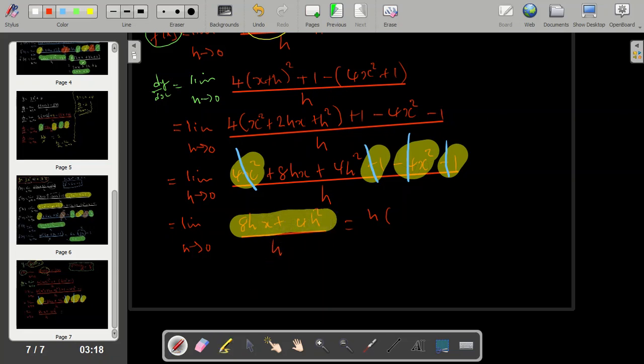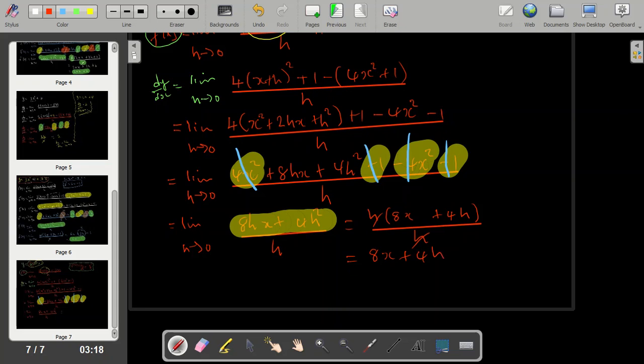When we factor out h from 8hx and 4h squared, we remain with 8x plus 4h, then we close everything divided by h. Now this and that can cancel, and our answer will be 8x plus 4h.